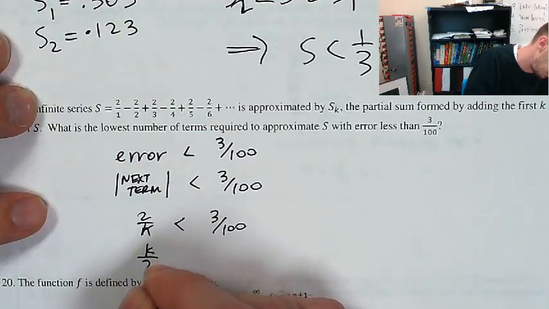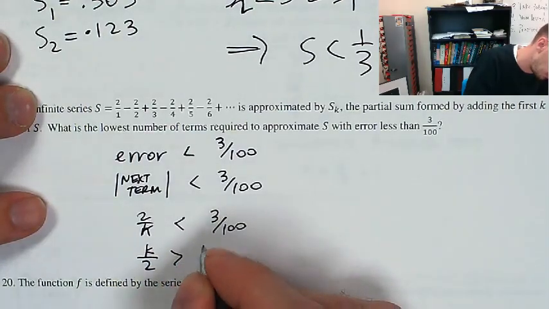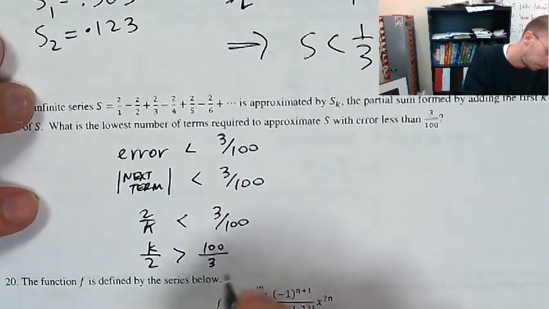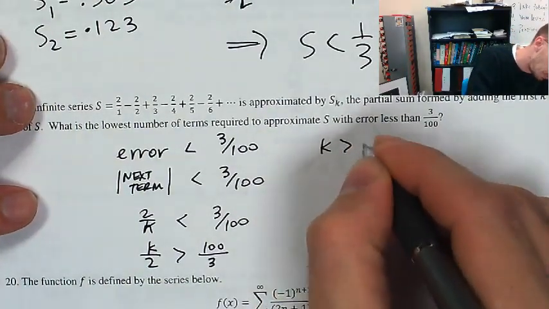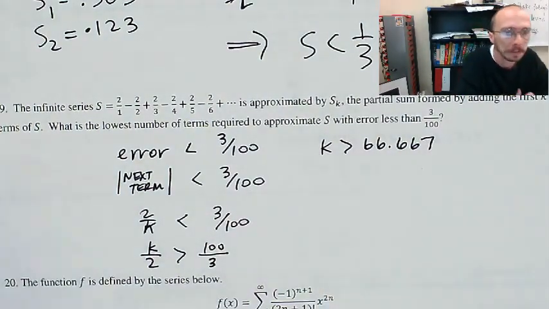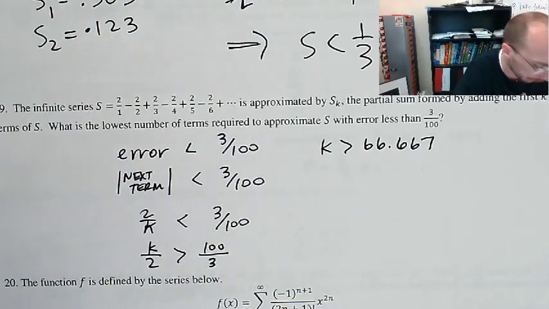Let's flip the fraction, which is going to reverse the direction of the inequality. So k needs to be greater than 66.667, once you solve that.